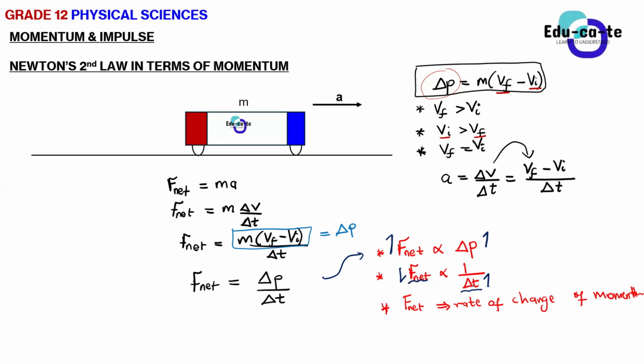So when the airbag is increasing the time, since time and net force are inversely proportional, it means that when there is more time taken for the impact to get to you, there will be a smaller net force.